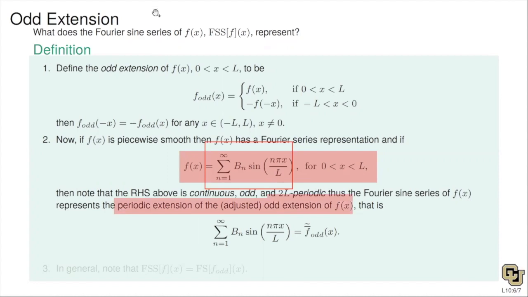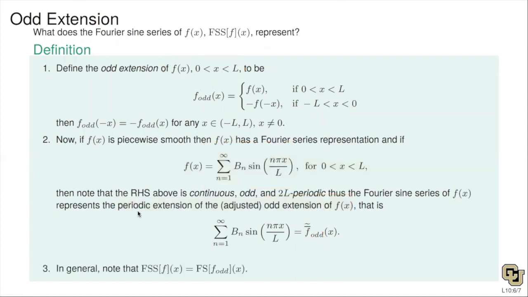Here's all the notation. First, we start with the original function f, which is defined on 0 to L. Then we make it an odd function on minus L to L, so that when we do the extension, now we have a function on minus L to L. Then we adjust it. That is, we fill in any removable discontinuities, or where it has a jump discontinuity, we define it to be at the average, and then we periodically extend it.